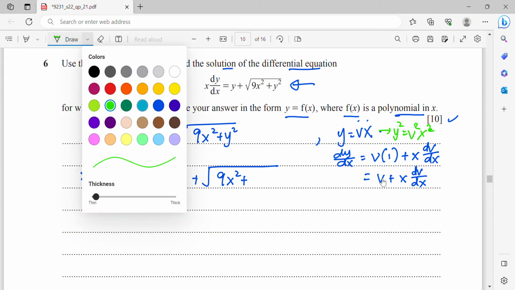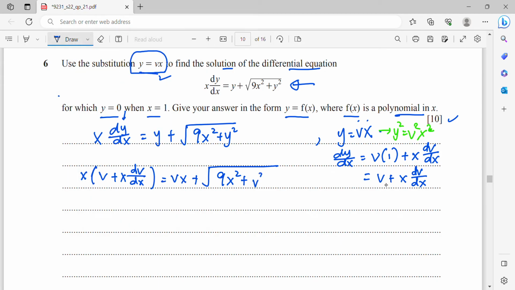I will directly write v squared x squared. Okay, so from here, right hand side, vx plus, inside the square root, the x squared is in common, which means I can factorize the x squared, 9 plus v squared, both in square root. And then I can split it into two terms. So the square root x squared becomes x, then multiply by square root 9 plus v squared.